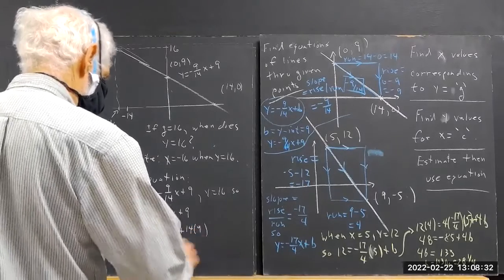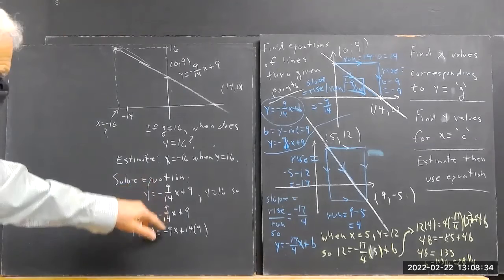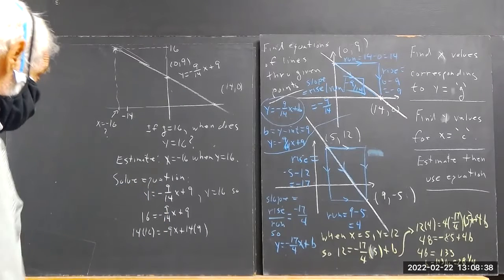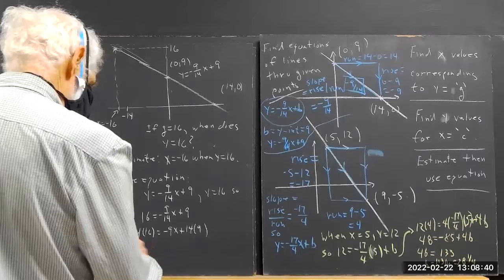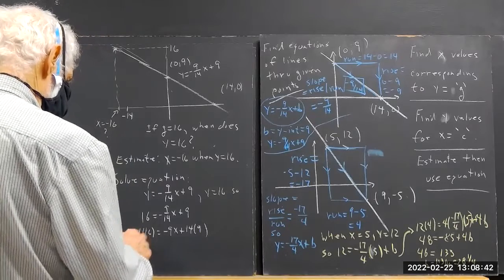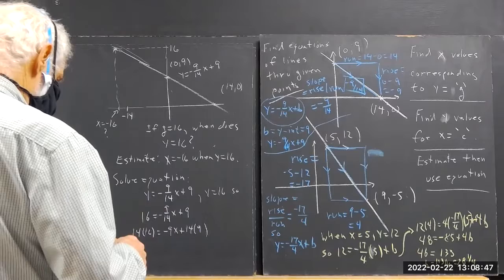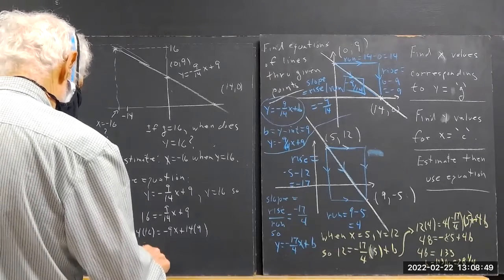Now, I skipped a step. You need to write out the fractions. I totally understand why you're doing that. But 14 times 16 is 256 minus 32 is 224. Okay.